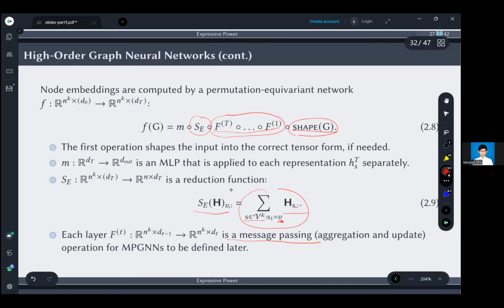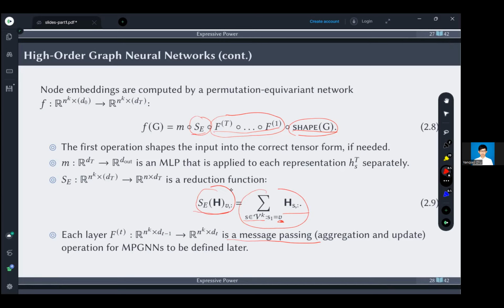Basically you take one dimension off the tensor and get the resulting representation for node V. And after that, for every V, you apply another MLP function to change its dimensionality, right?